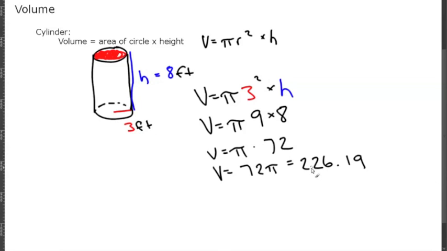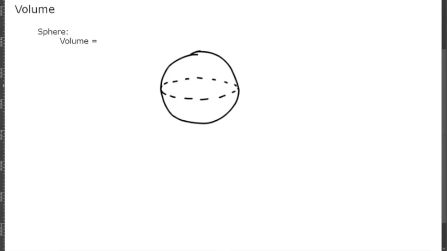So your label would be 226.19 feet cubed. The volume of a sphere is written as 4 over 3, so 4/3, times pi times r cubed.